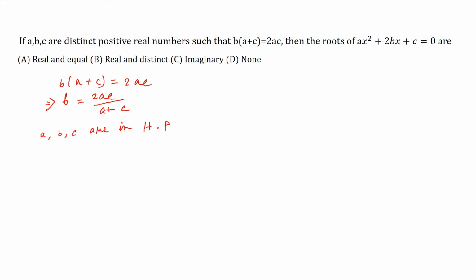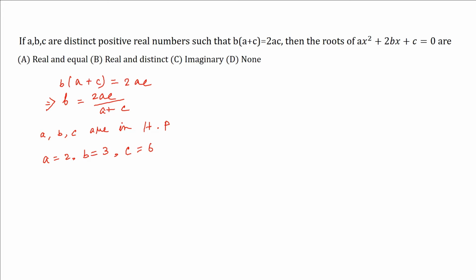Now, we take some values at our choice. Let a equal to 2, b equal to 3, c equal to 6. Look, why do we take these type of values?